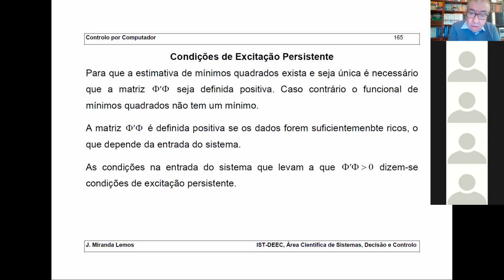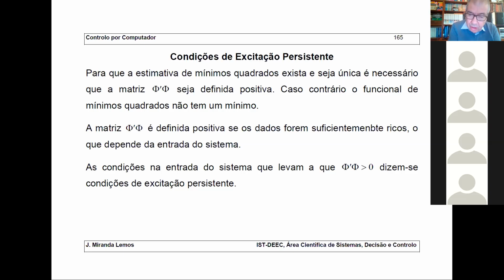You should be careful with the bandwidth of the system, because if you are changing things too fast, the system is not able to follow very high frequency changes. Okay? So within the bandwidth of the system, dentro da banda, da largura de banda do sistema, you have to excite it a lot.